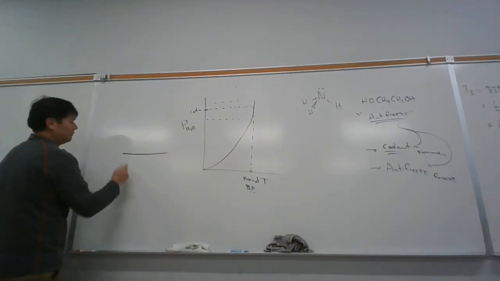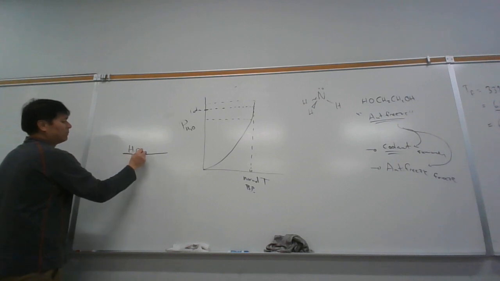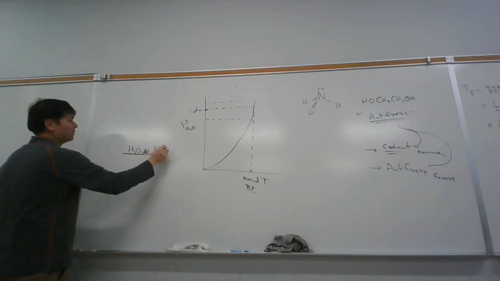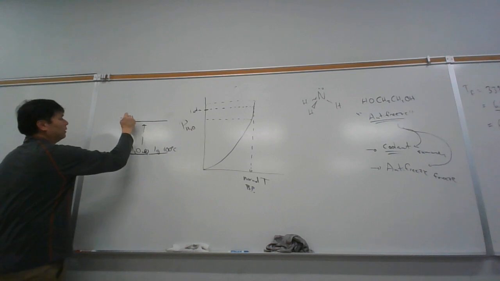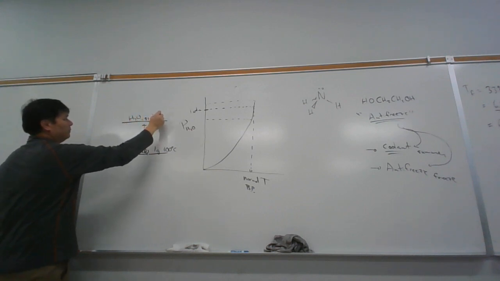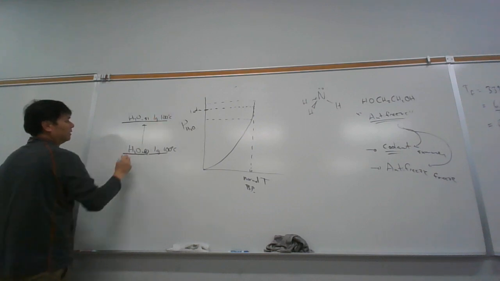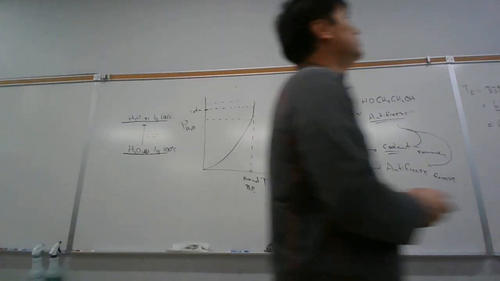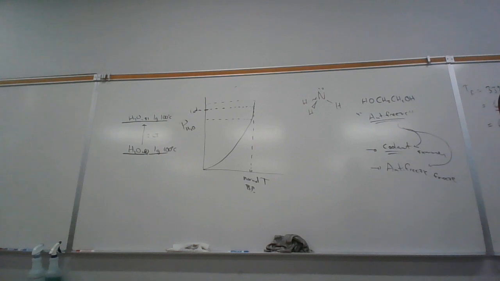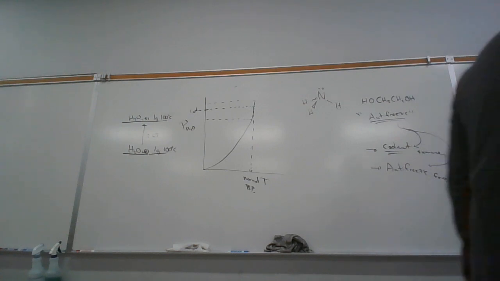So if you were to vaporize a gram of H2O liquid at 100 degrees C to get H2O gas, 1 gram at 100 degrees C, this is going to cost you 2 point whatever it was. Can't remember. .26 kilojoules per gram.